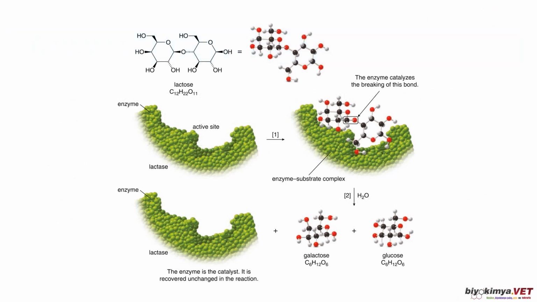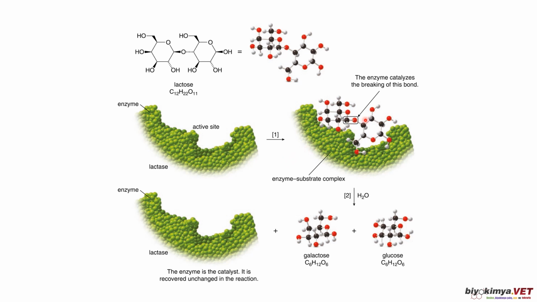In this illustration, you see the catalytic activity of the enzyme lactase on its substrate lactose, the sugar in milk, which consists of glucose and galactose. When the substrate binds to the active site of the enzyme and the enzyme-substrate complex is formed, it causes the breaking of the bond between glucose and galactose.